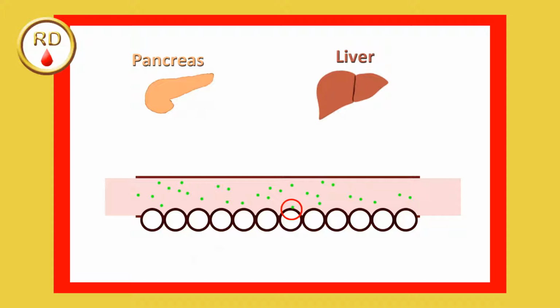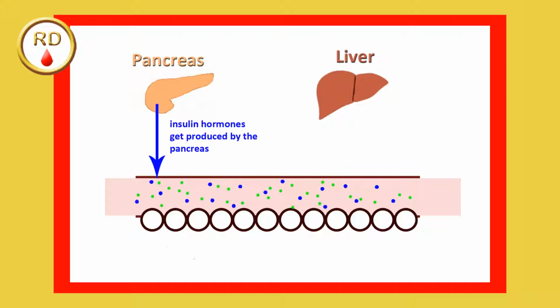This causes the body to signal the pancreas that it needs some insulin to assist with the transfer of glucose into the cell. So the pancreas manufactures insulin and secretes it into the bloodstream. The insulin immediately attaches itself to the cell walls to assist the transfer of glucose into the cell, as seen in the area circled in red.